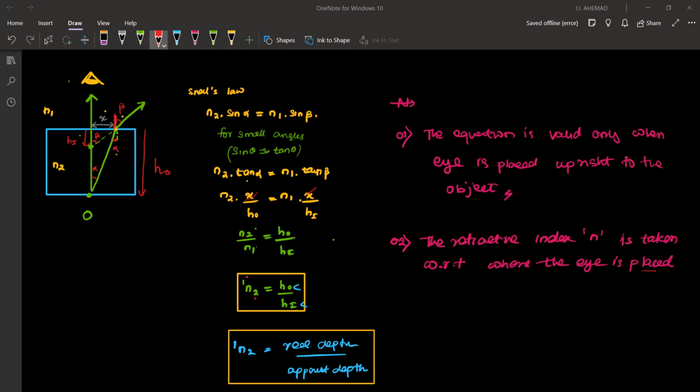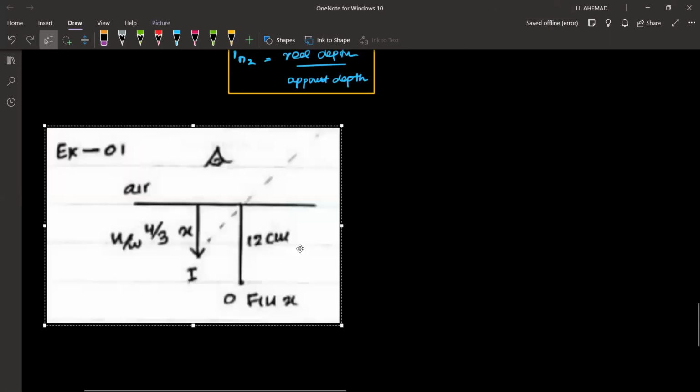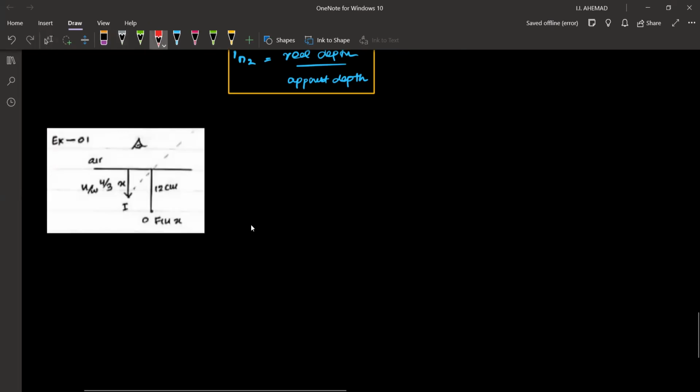Let's look at an example. Example 1: the eye is placed in air and this is water.